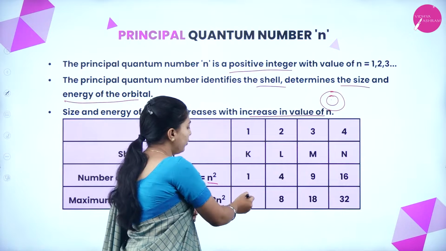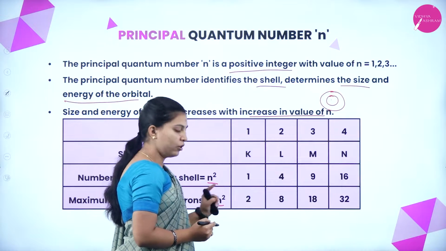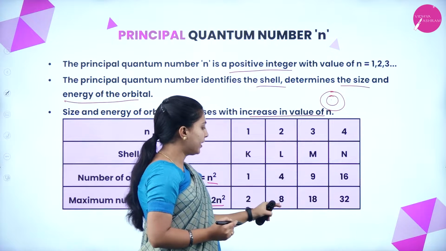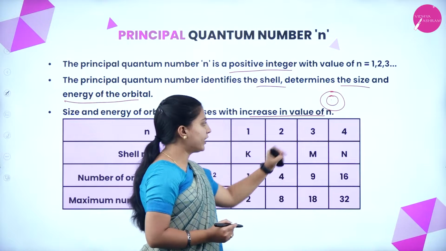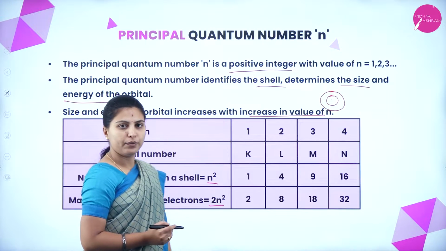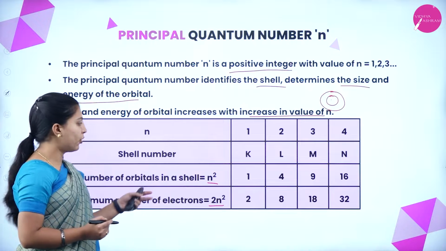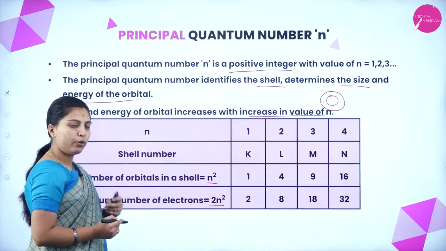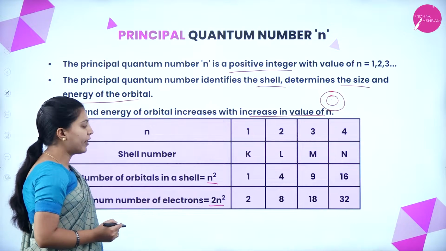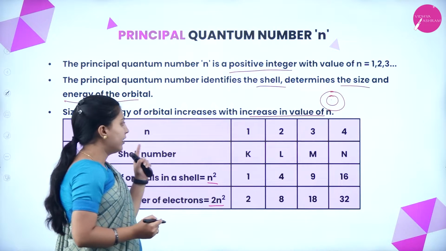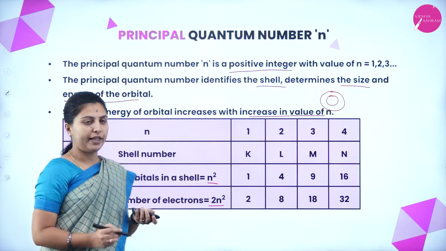See here, 2 into 1 squared, that is 2 only. 2 into 2 squared, that is 8. 2 into 3 squared, that is 18. 2 into 4 squared, that is 32. This is the principal quantum number. How many orbitals in a shell can be noted and how many maximum electrons can be seen in an orbital, like that we have explained.